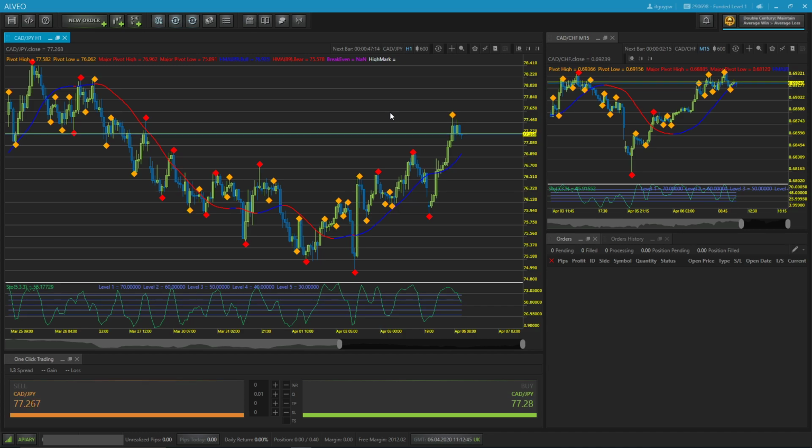CAD JPY has pretty good momentum to the upside. But it looks similar to the Euro USD, so I'd probably want to trade the Euro USD over the Japanese pairs right now.